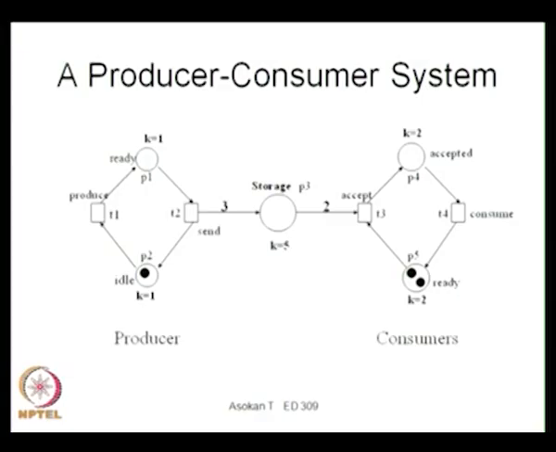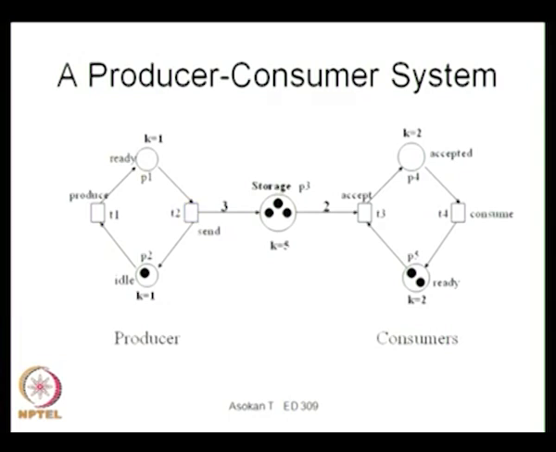Now the first thing is that the producer will produce some item, and then the item is ready for taking. So the token is transferred from here to here. So the producer is given one item, it is ready for transport, and then that is transferred to the storage space.